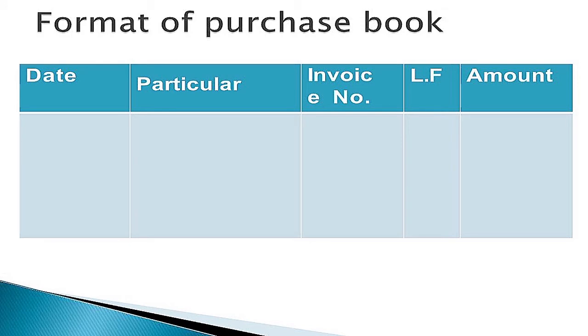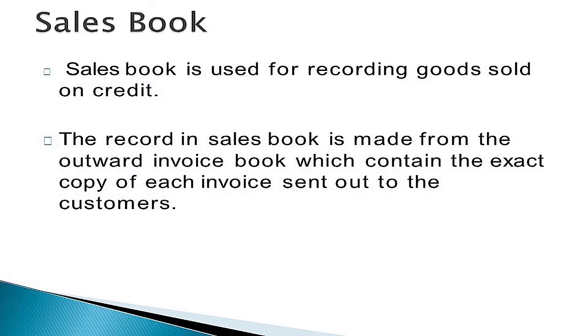Then next we'll understand sales book. Sales book is used to record credit sales or goods sold on credit. Purchase book is used to record goods purchased on credit; in the same manner, sales book is used to record goods sold on credit.